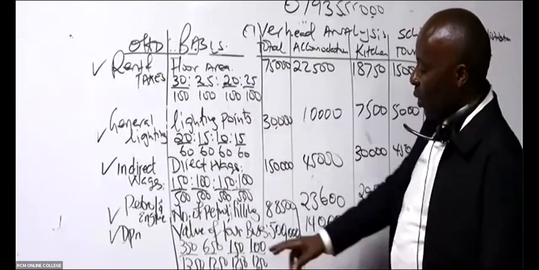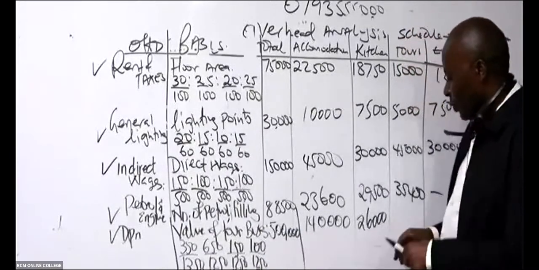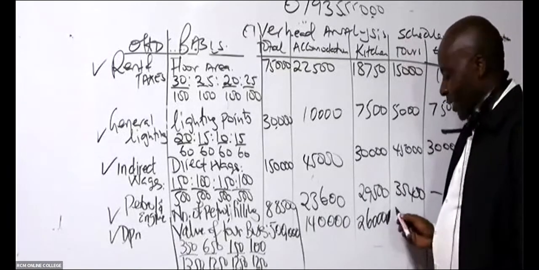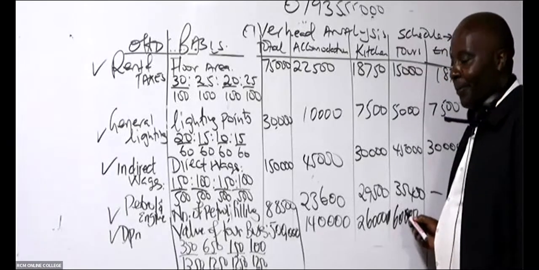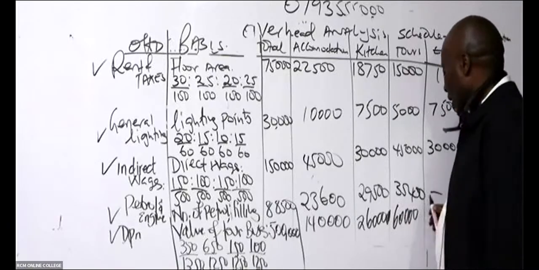And then you take the next one, 150 over 1250 times this figure, 500,000, giving 60,000. The last one, 40,000.